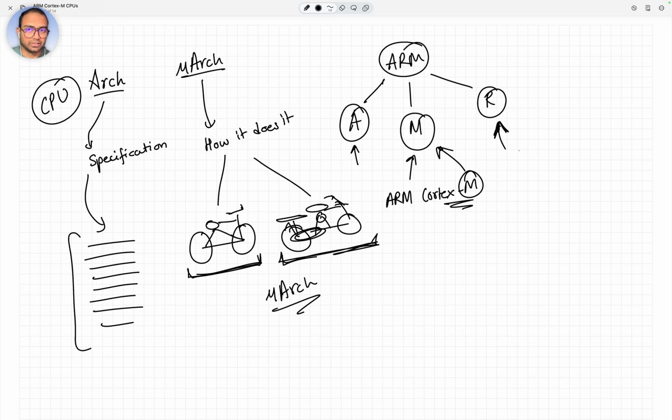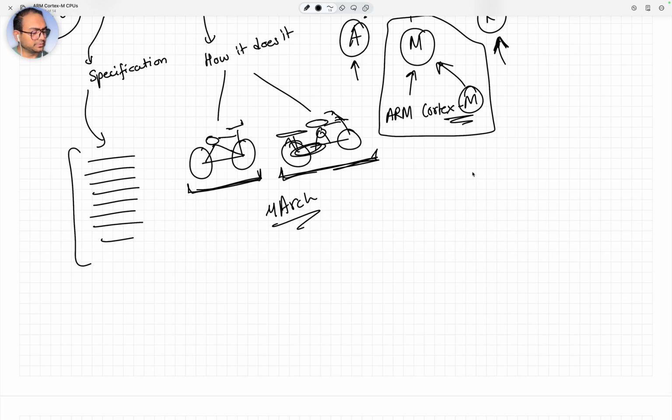It doesn't mean that. Real time in embedded systems means determinism. It means that things will finish within a bound, a time boundness. The time bound can be 1 millisecond, 1 microsecond, 1 second, doesn't matter. As long as the CPU guarantees that a certain task would finish within a certain time, that CPU can be qualified as a real-time CPU. And ARM has architecture documents for R-class CPUs as well. We are focusing on the M-class CPUs.